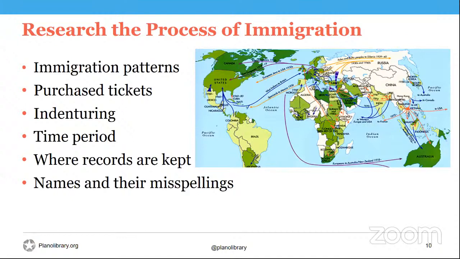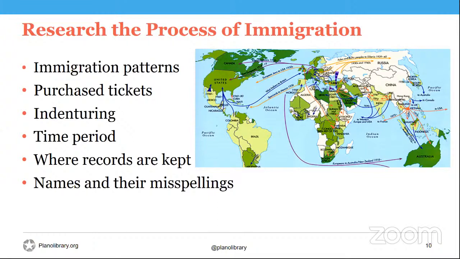The other thing that helps is knowing where they came from to know where they probably landed in America. And I say that because not everybody landed at Ellis Island.